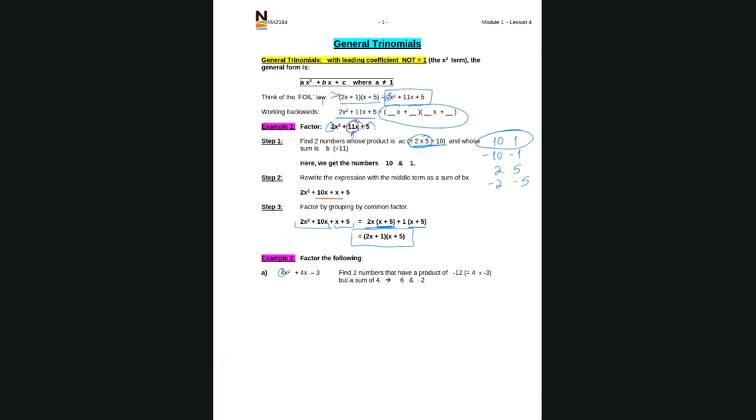So multiply the first number and the last number together, and that's a product of negative 12. Now, there's a lot of factors that have a product of negative 12.